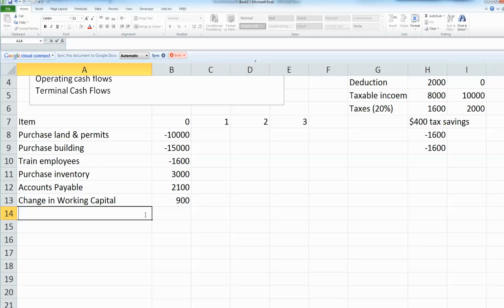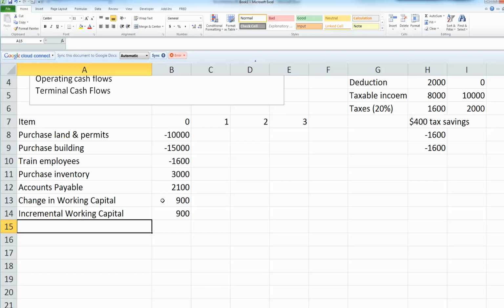So what I'm going to do is calculate what they call incremental working capital, where I take the current change in working capital and subtract the preceding year's change in working capital. But since this is the very first year of the project, my preceding year had a value of 0. But in year 1 it won't. You'll see how that flows through.